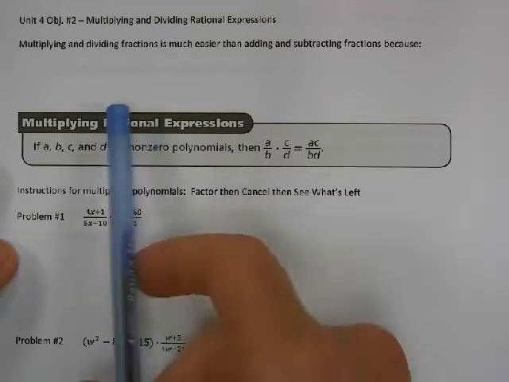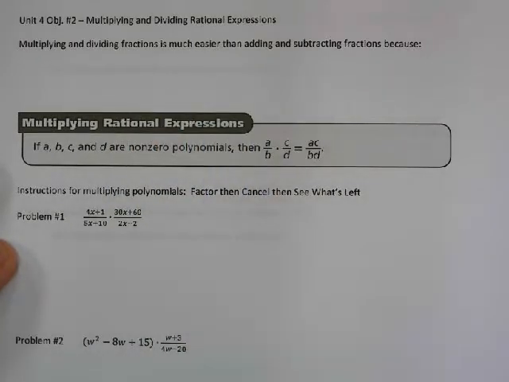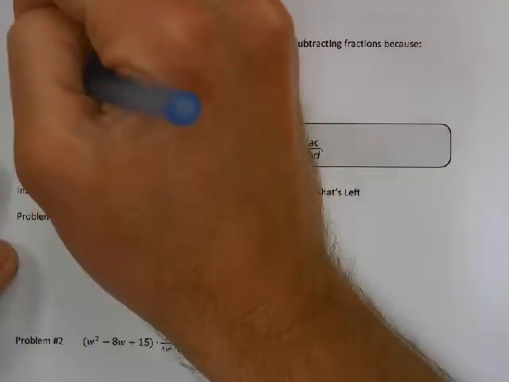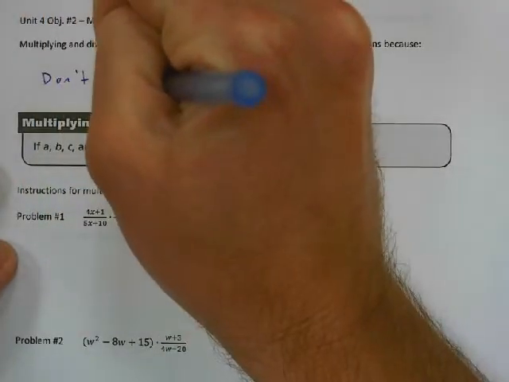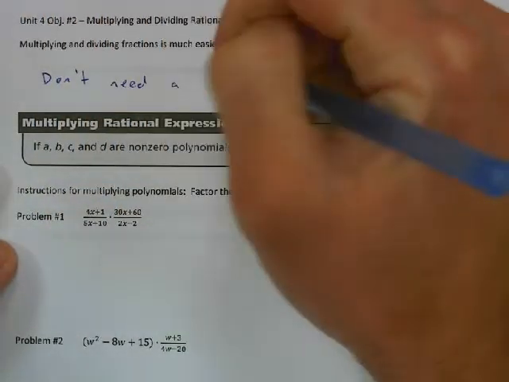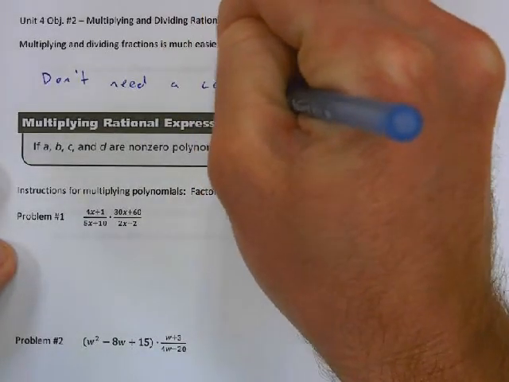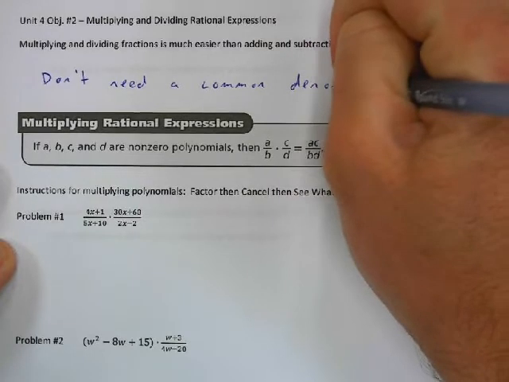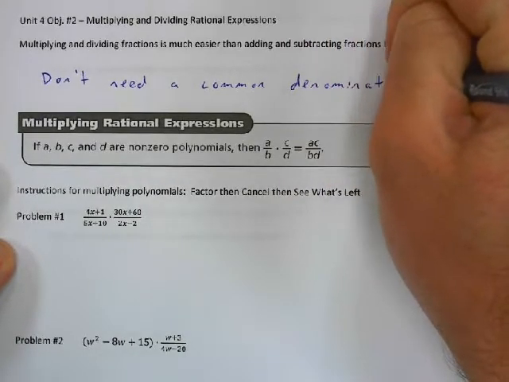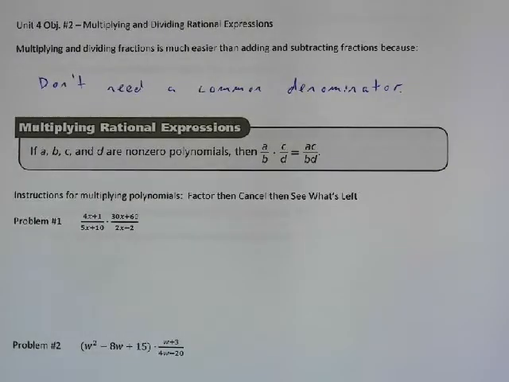So multiplying and dividing fractions is much easier because we don't need a common denominator. Okay, so that's going to make these a lot easier. That's why we do it before adding and subtracting.